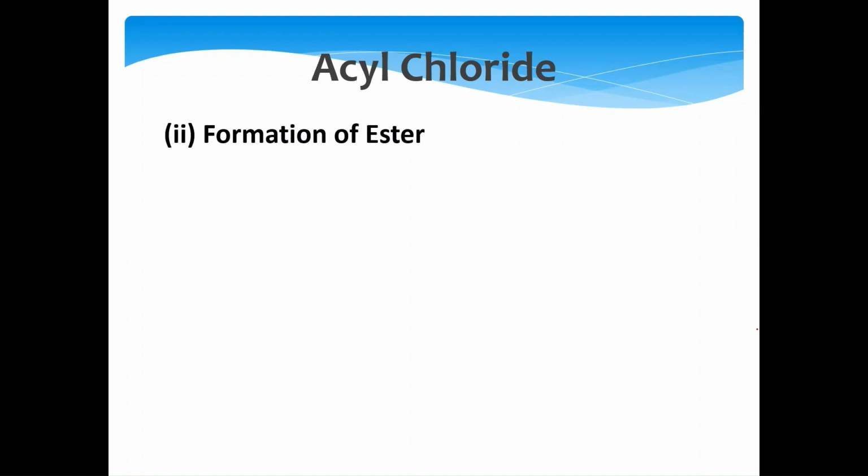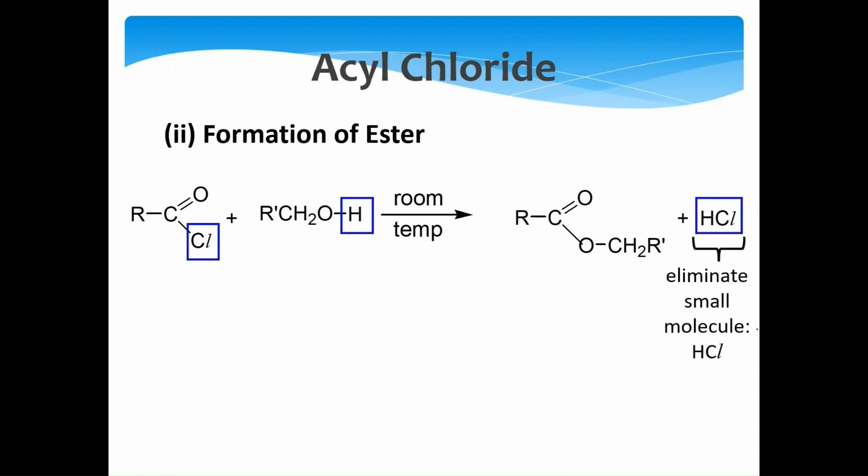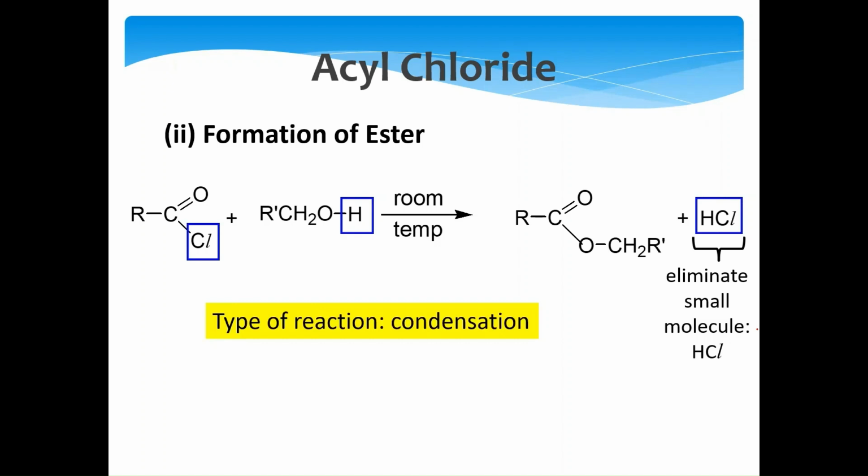Okay, and as for the formation of ester, acyl chloride can also form ester when it reacts with alcohol. In the process, it will eliminate HCl. The alcohol is acting as the nucleophile in this condensation reaction.